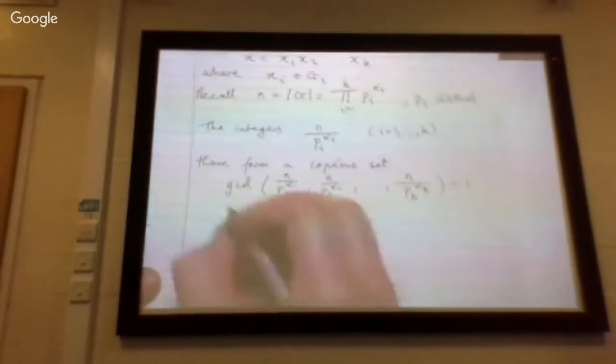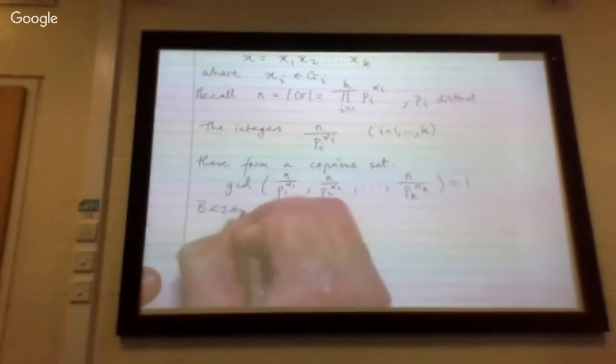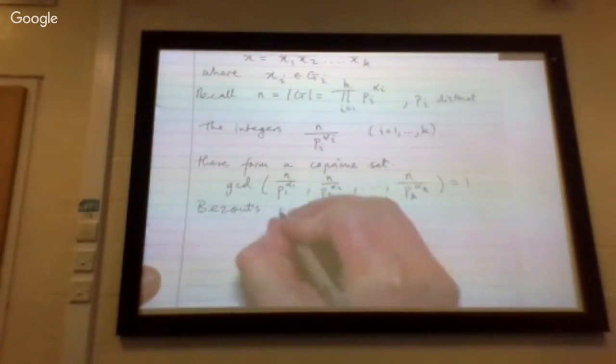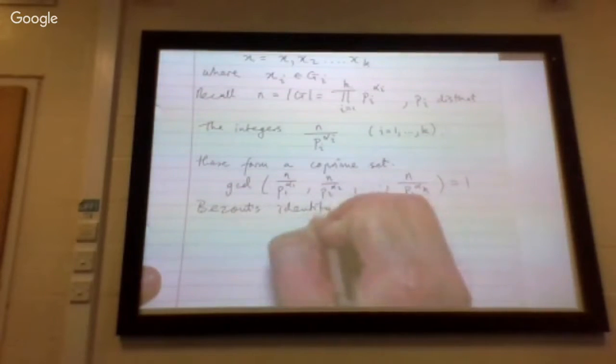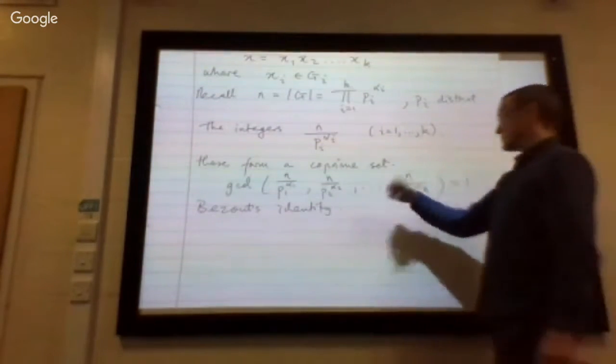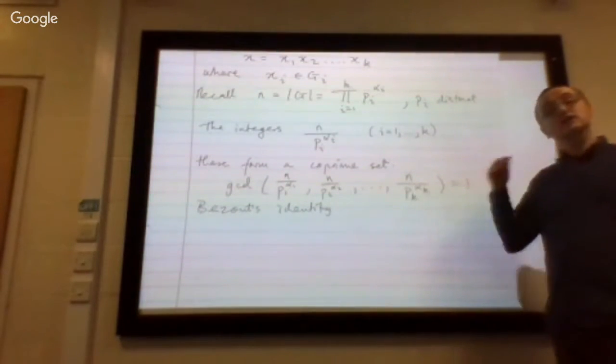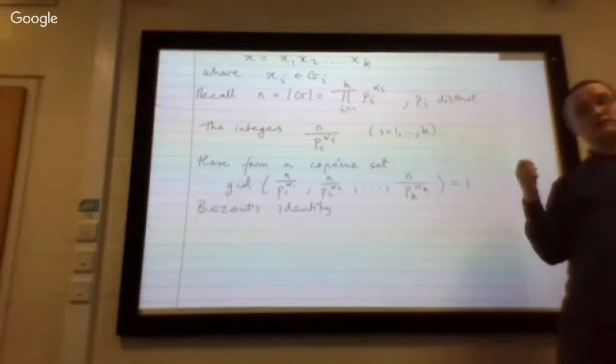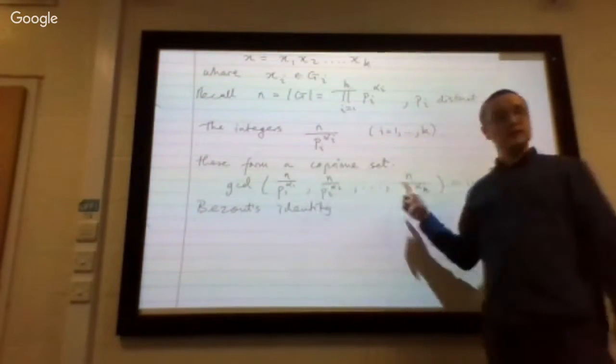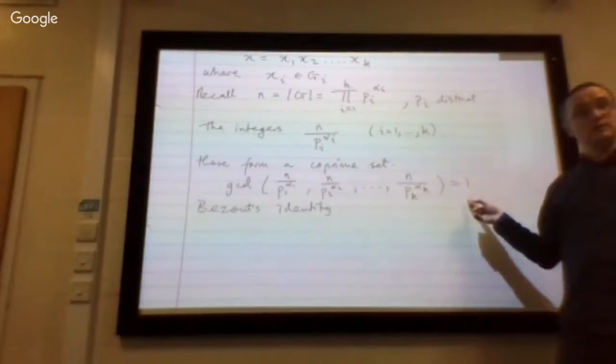And then we can call on this magical device, you'll remember it from last year, Bezout's identity. Remember, if you've got a set of integers with a certain greatest common divisor, out of the Euclidean algorithm you can find a linear combination of them equal to that greatest common divisor.